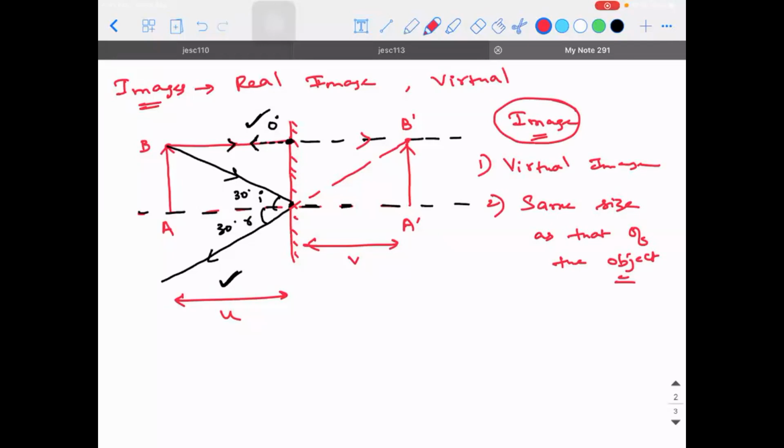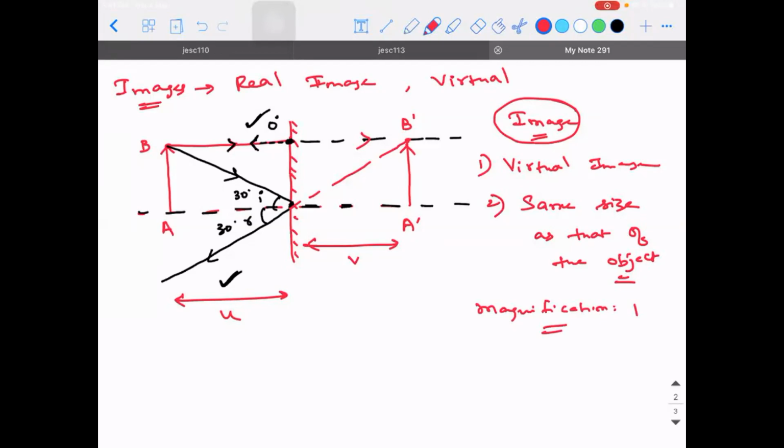So with respect to a mirror, if the object and the image have the same size, what is the magnification? It is 1. Sorry. Magnification means size of the image to the size of the object. When they both are of the same size, the answer is 1. It is not 0. 0 means diminished.